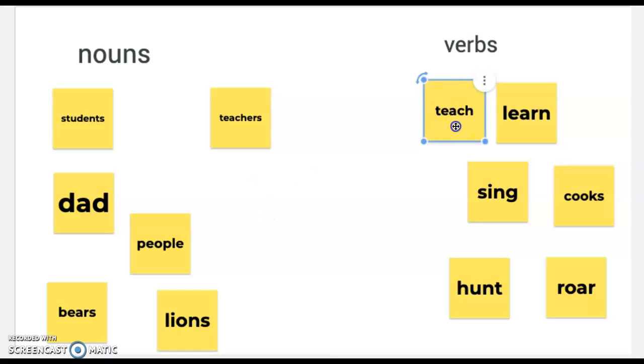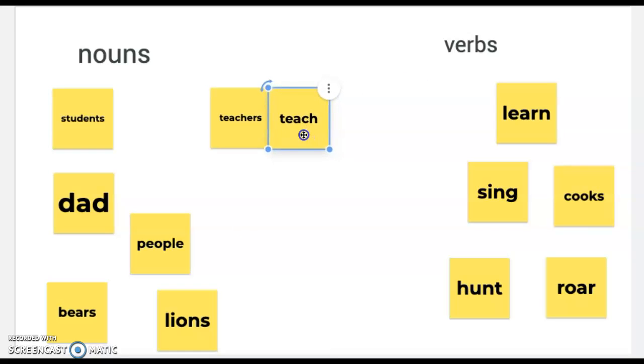Teachers teach. So we could put those two together. Teachers teach. We have plural. We have many teachers and they teach. This is plural, meaning there's more than one. So we wouldn't put our verb as plural.